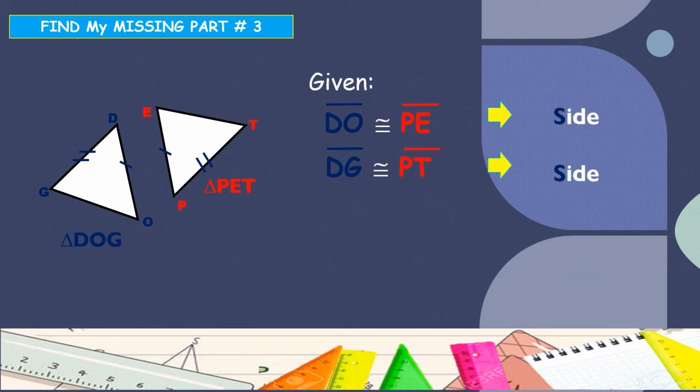To complete SSS or side-side-side congruence postulate, we have to look for the third side. And the correct answer is side GO congruent to side TE.